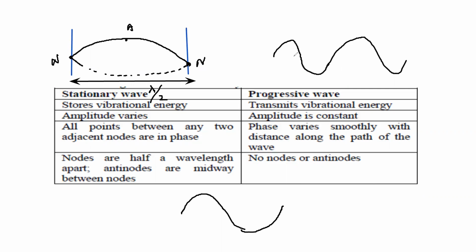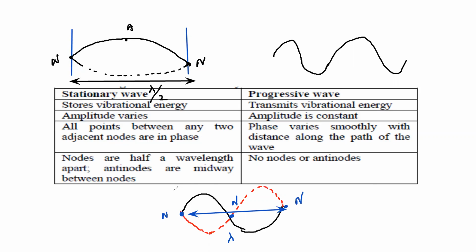So when you produce it back, it will appear like this. Now here we have node, node, and node. So three successive nodes, that is one complete wavelength. Like the distance from one node to another and to the third one, that is one complete wavelength, or lambda.